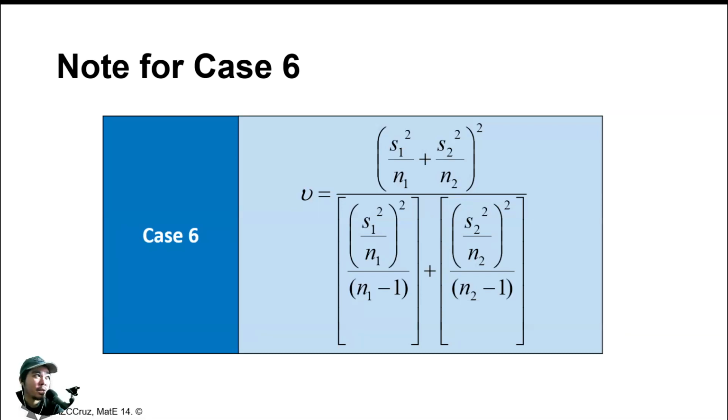Tapos ang na-average na nakuha nating value for light bulb B is 2,500 kunwari. So, yung difference nila is 500, no? 500 hours na difference nila.